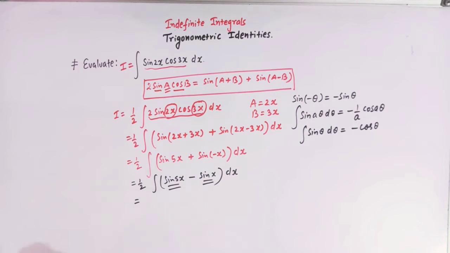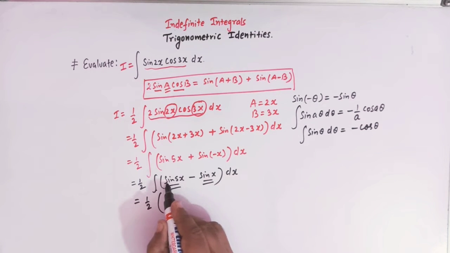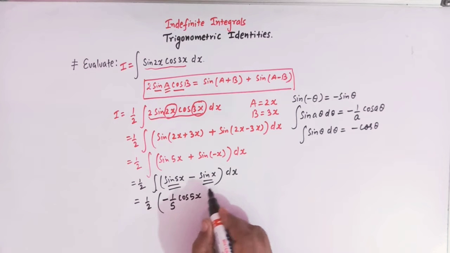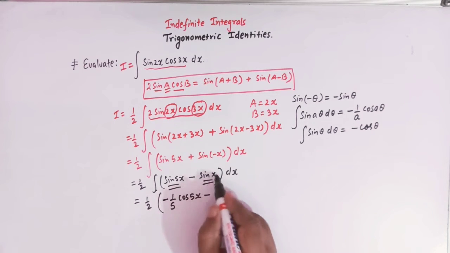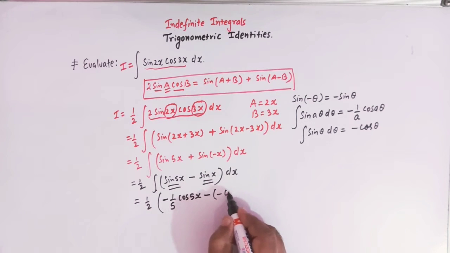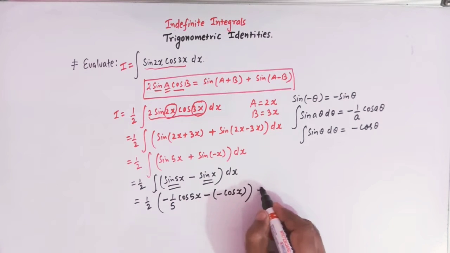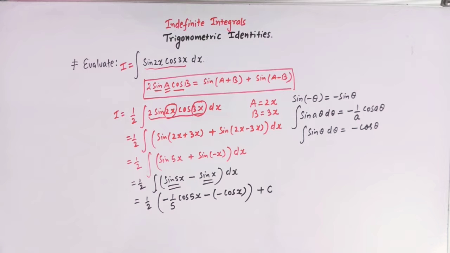So we can now write this integral as half, the integral of sine 5x is minus 1 over 5 cos of 5x, and then the integral of sine x is minus cosine x, and c is the constant of integration.